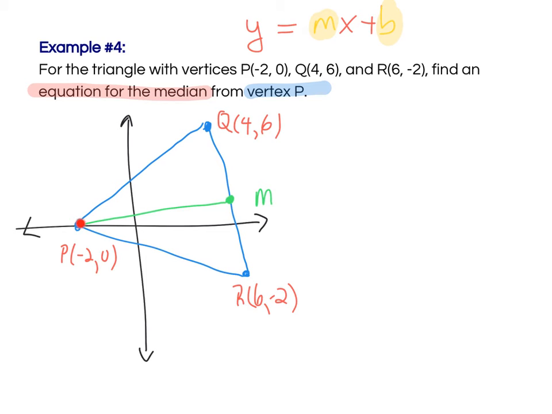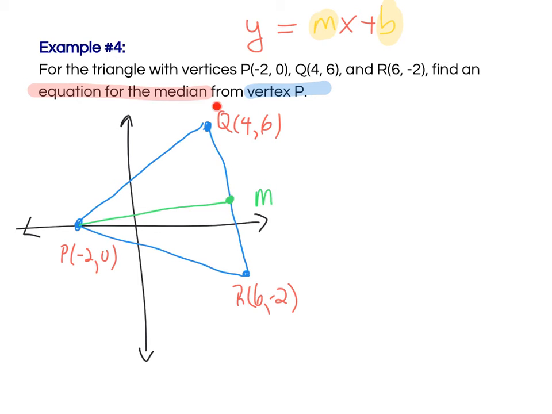If I want to know this line, I need to have the slope of that line. I need to know two coordinates on that line. Well, so far I have this one. And another one that would be key would be this one right here. Is there a way for me to find out the coordinate of that? Yes, there is.